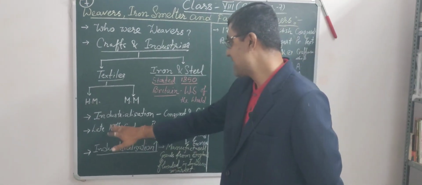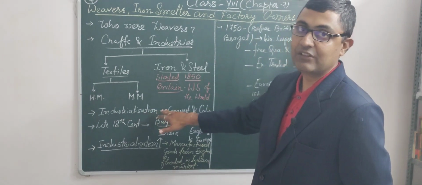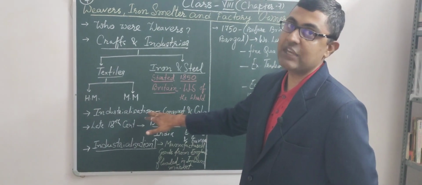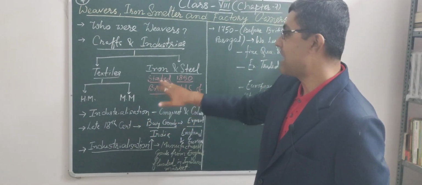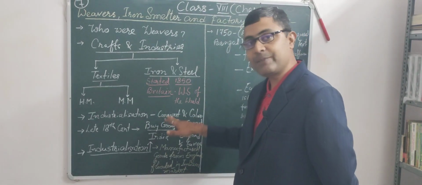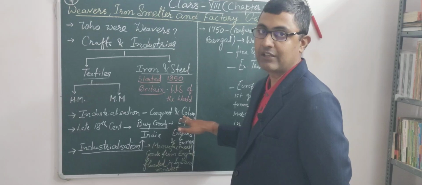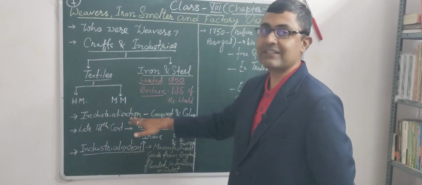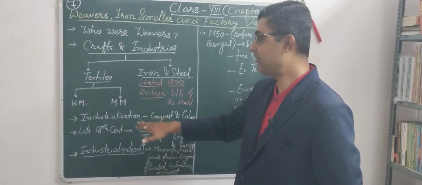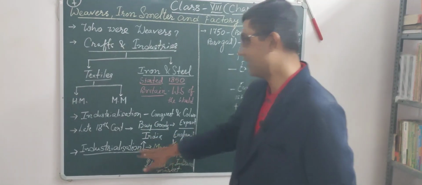Now, why did this industrialization flourish in European countries? Because they conquered other areas and made colonies. That helped the industrialization of the European countries.